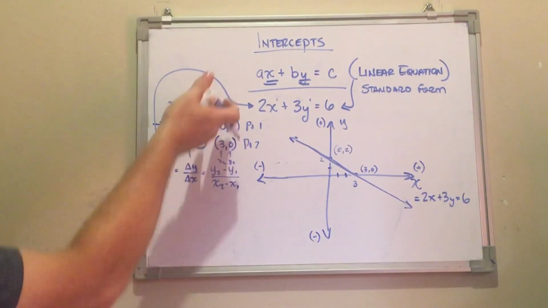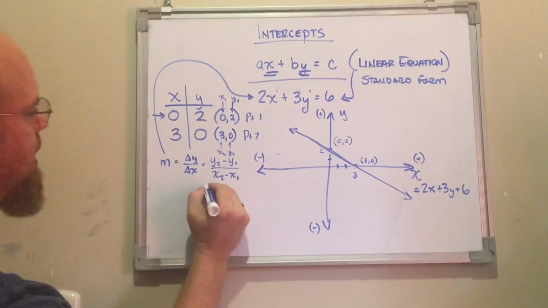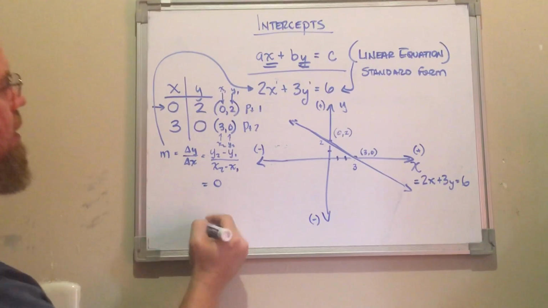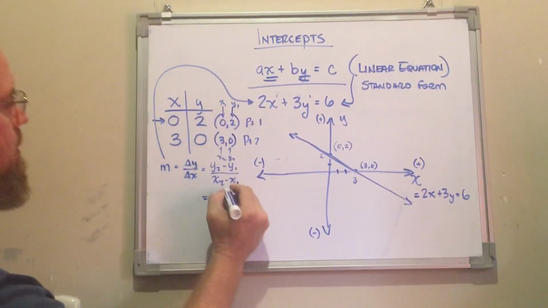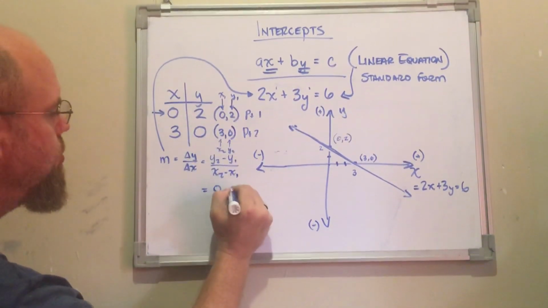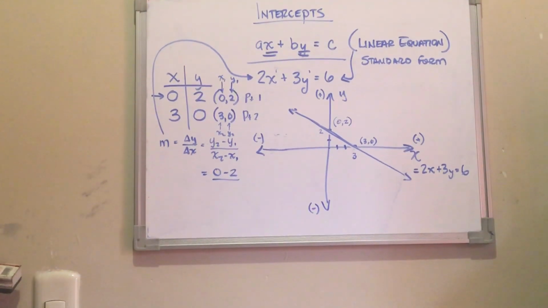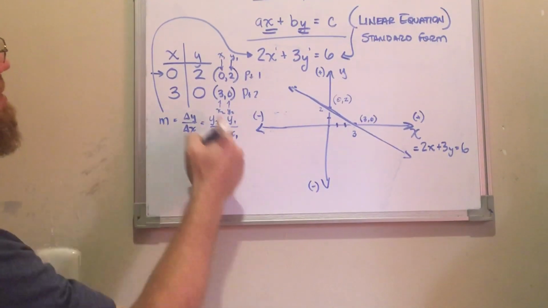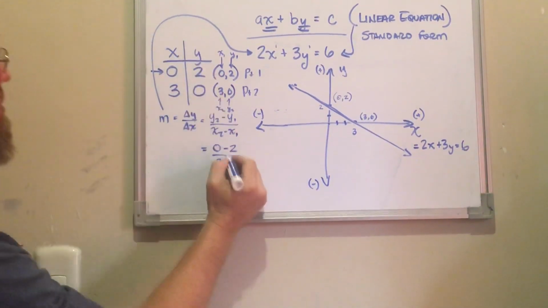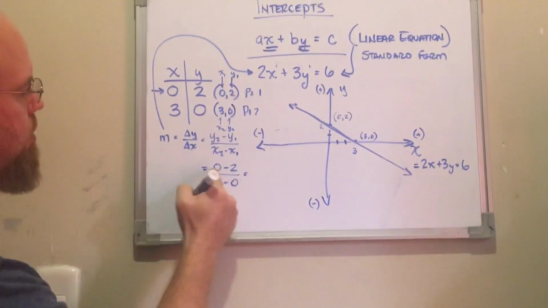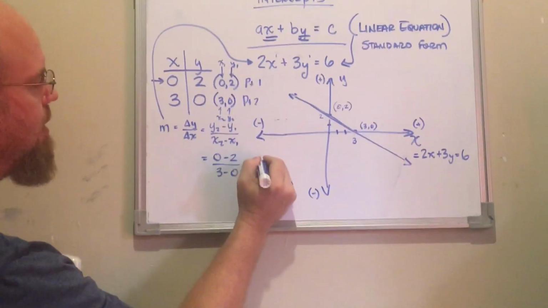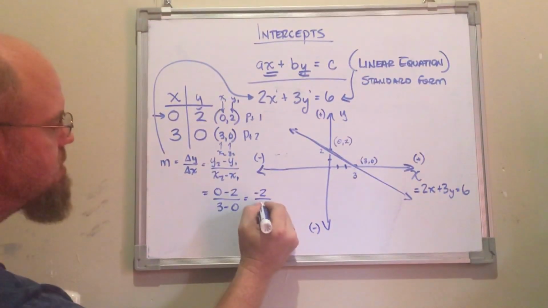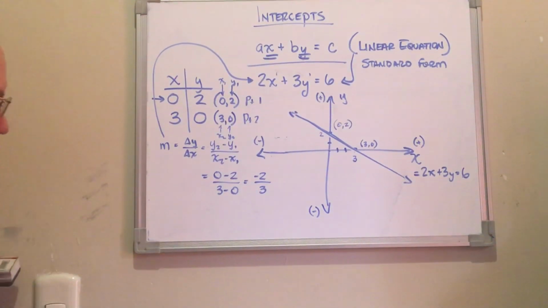So we just plug those values into our equation. So m equals, what's y2? y2 is 0 minus y1 is 2 over, what's x2? That's 3 minus, what's x1? 0. So that equals 0 minus 2 is negative 2 over 3 minus 0 is positive 3.